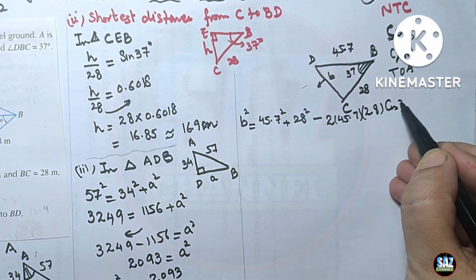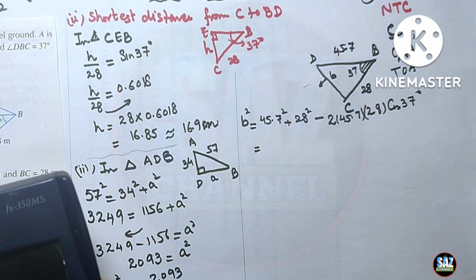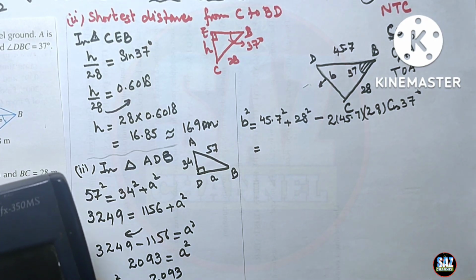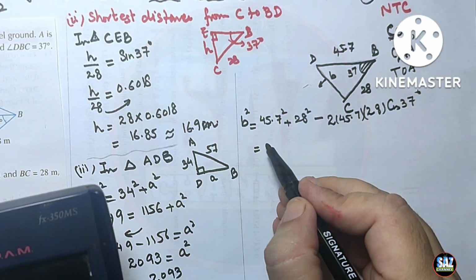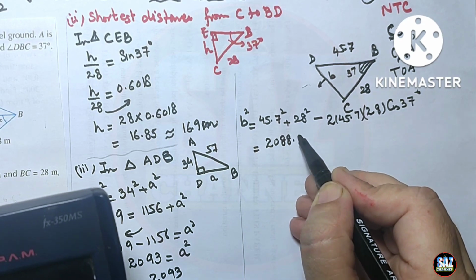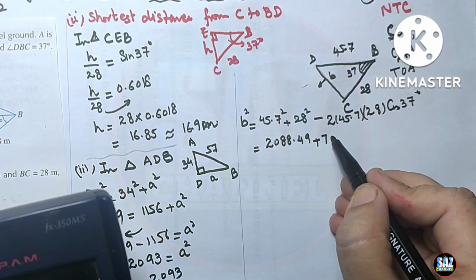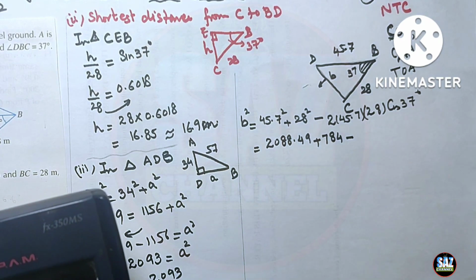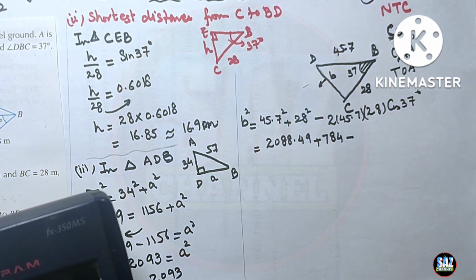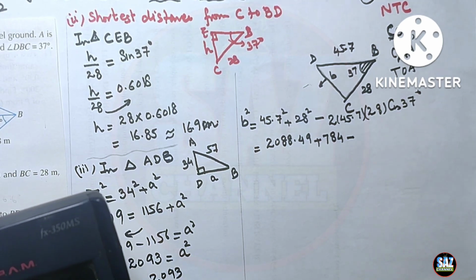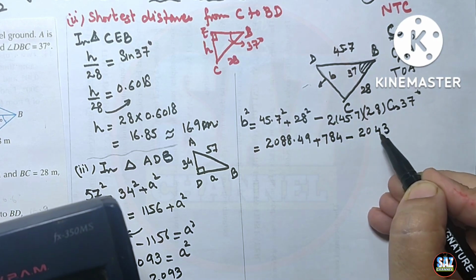Okay, I have to take the squares carefully. 45.7 square gives me 2088.49, plus 28 square, 784, minus cos 37, 0.79 multiplied by 28 multiplied by 45.7 multiplied by 2, and this gives me 2043.86.